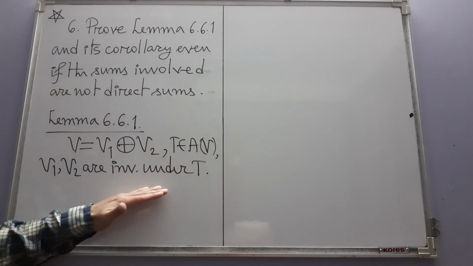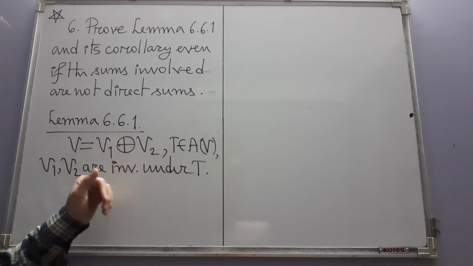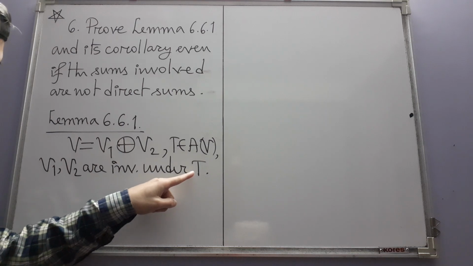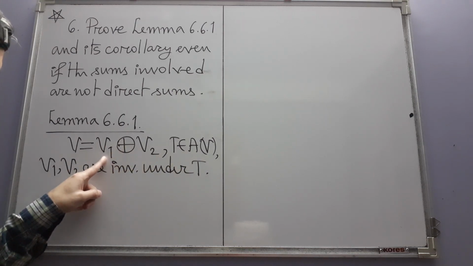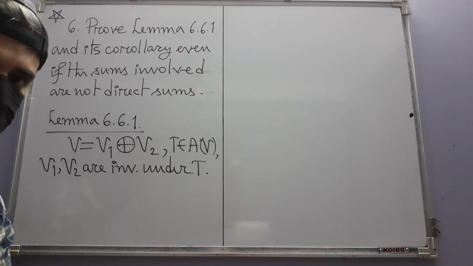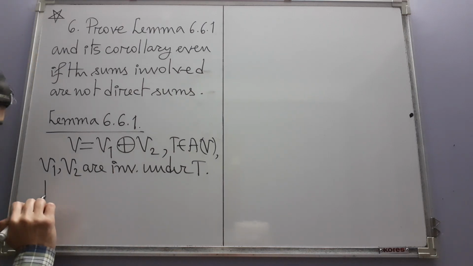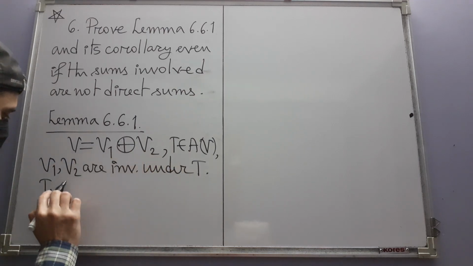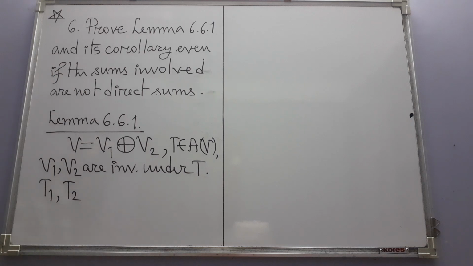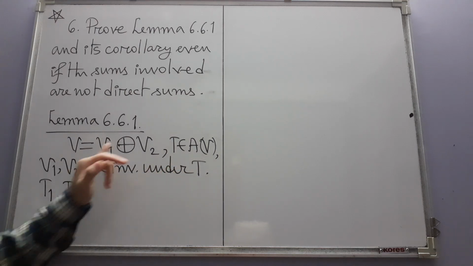This invariance lets us have operators on V1 and V2 themselves like this. If we restrict T on V1, then that restriction becomes an operator on V1. Let's call that T1. Similarly, restricting T on V2 gives us an operator on V2. Let's call that T2. We express this also by saying that T induces T1 on V1 and T induces T2 on V2.